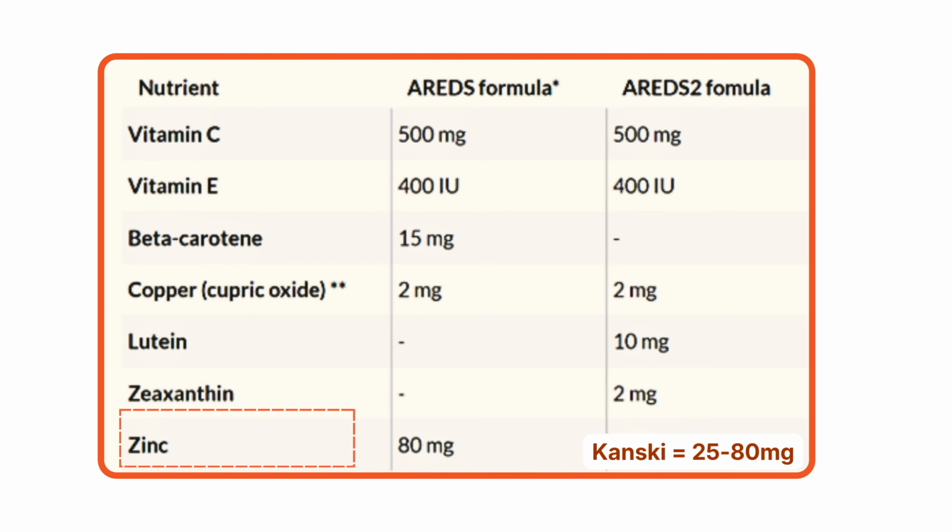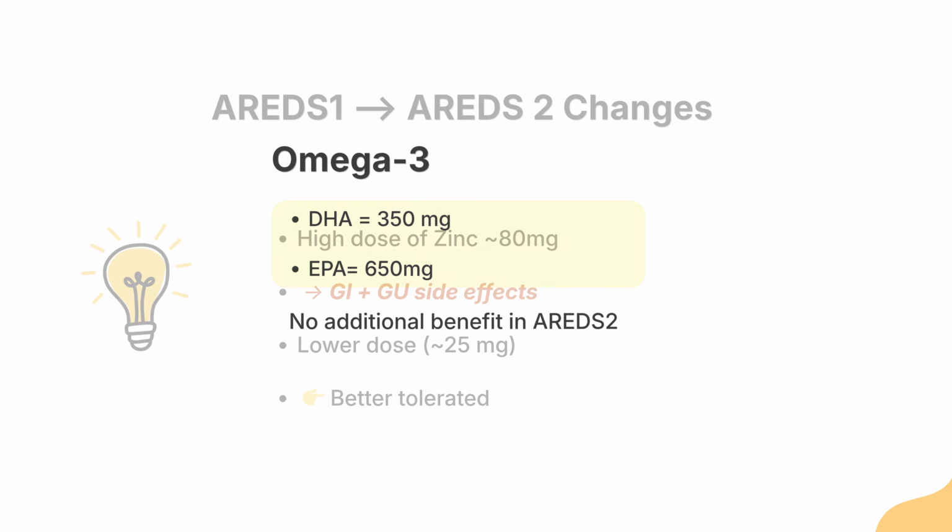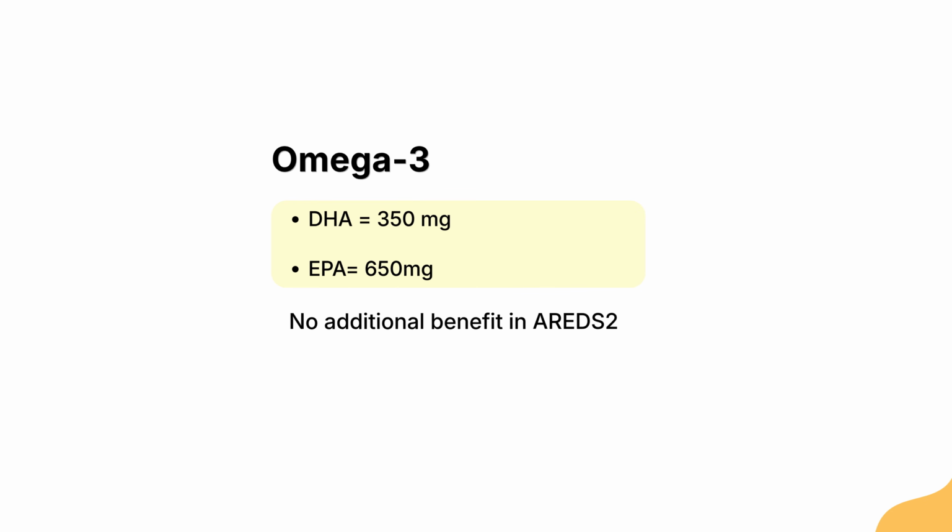Then comes the zinc. The AREDS1 formulation had high doses of zinc and that was causing side effects like gastrointestinal and genitourinary toxicity. So people started using lower doses around 25 milligrams, and the good thing is they seem to work just as well and are also better tolerated. And finally, omega-3 fatty acids.